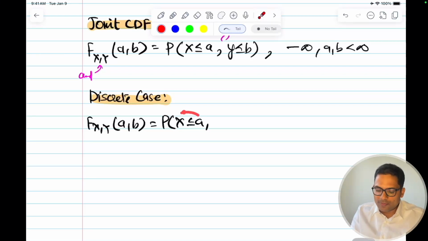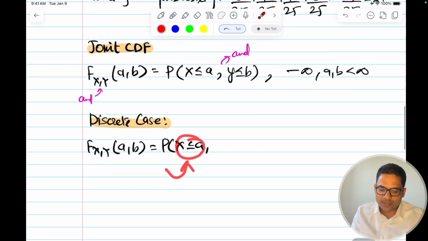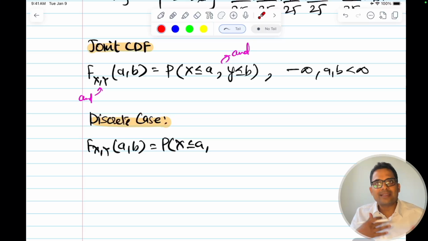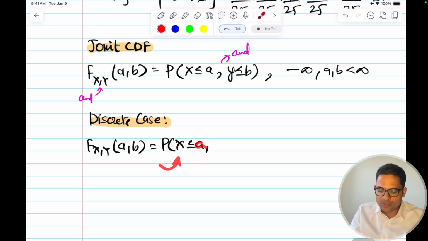Probability of all the values. This is cumulative, remember CDF, cumulative distribution function. It is a running sum of all the probabilities of all the values of x till a. So we sum it up, and y will be less than or equal to b.